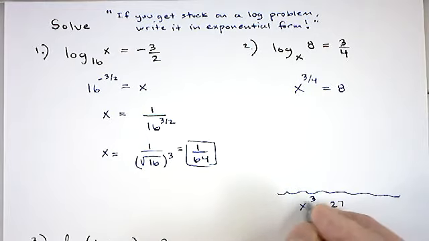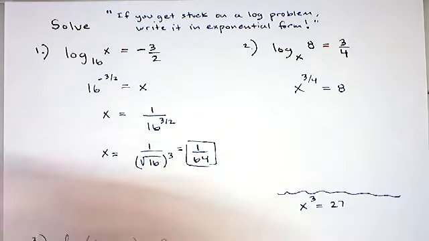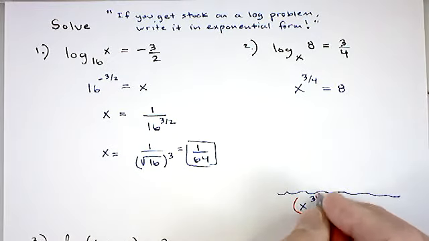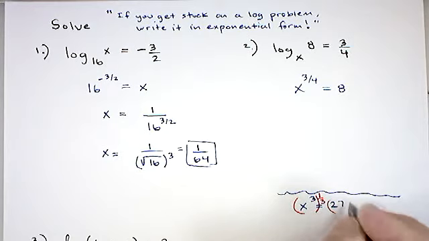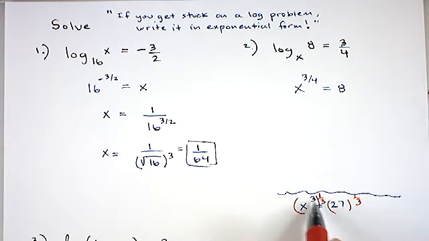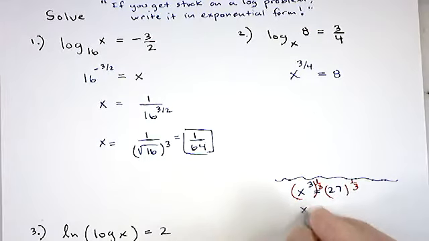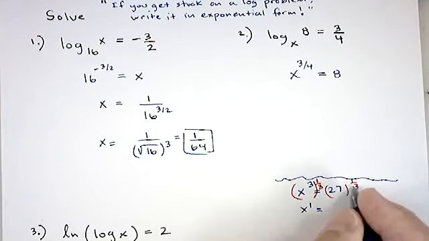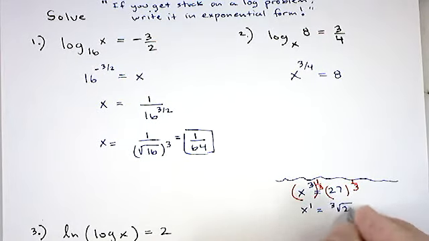But taking the cube root is equivalent to raising it to the 1/3 power. And why is that good? Because by the rules for exponents, the left side is just going to be x to the 1st. And of course, 27 to the 1/3 is really the cube root of 27, which is 3.